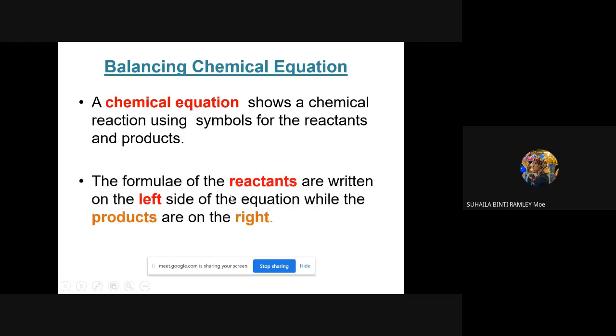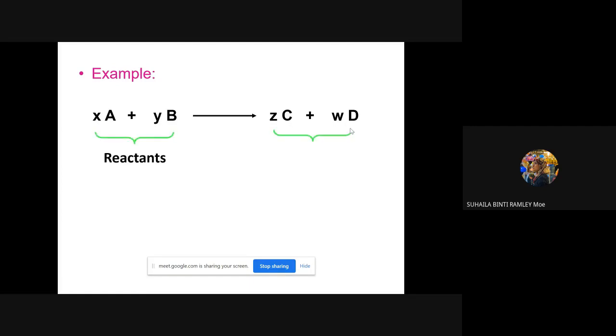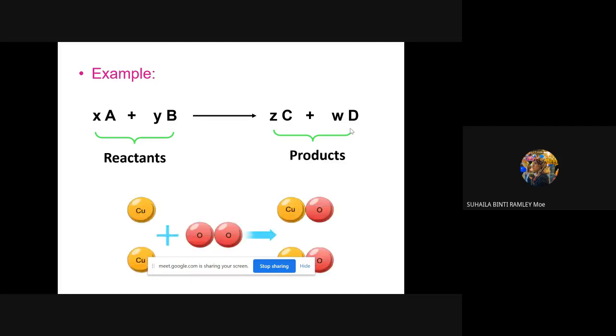For example, we have A react with B, produce C and D. So A and B are the reactants, C and D are the products. So X, Y, Z, W, this one we call stoichiometry coefficient.